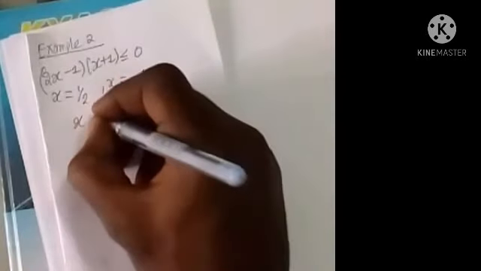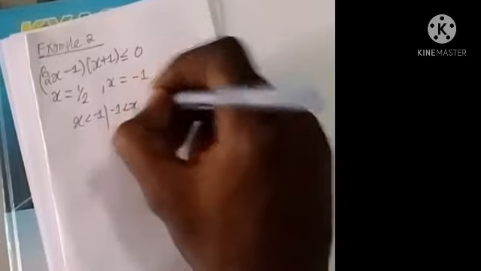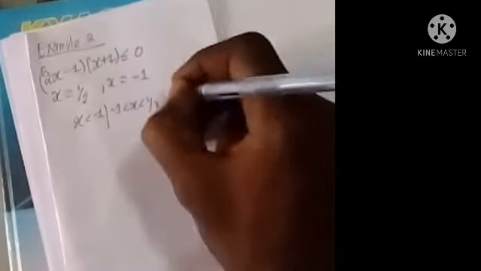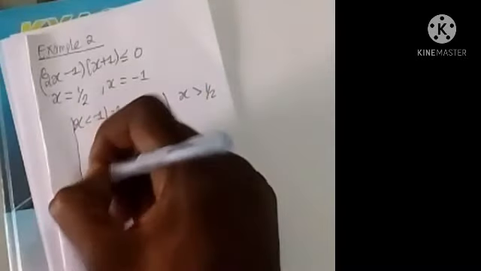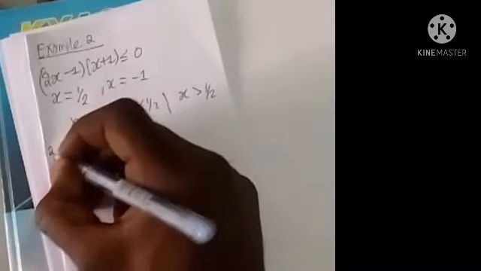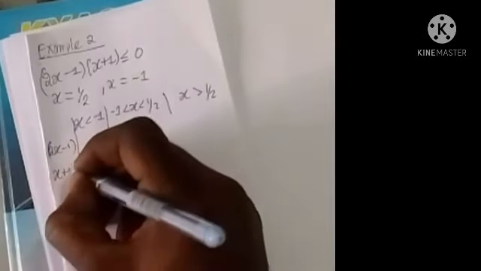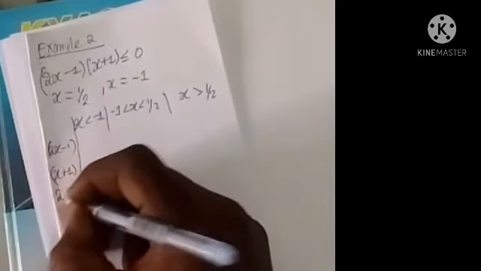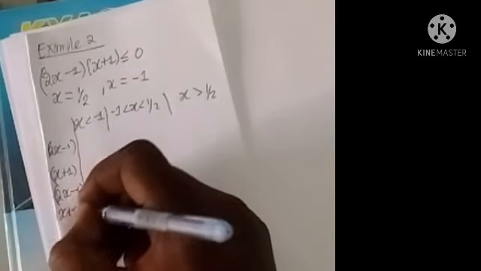So we have x being less than negative 1, that is, let's say x being less than the smallest number, and here minus 1 less than x less than half, and x greater than half. So here we have 2x minus 1 on our factors, x plus 1, and the product of our factors, 2x minus 1, x plus 1.